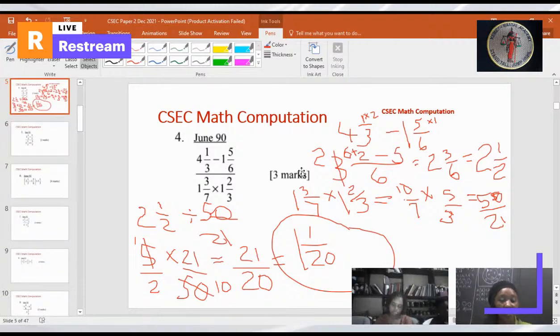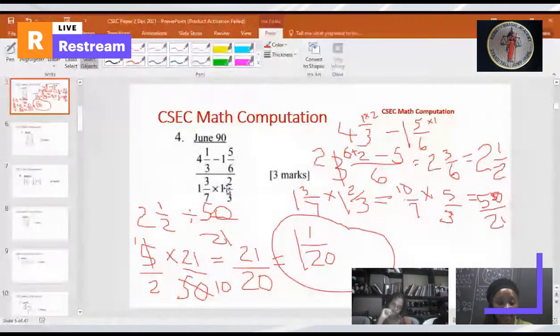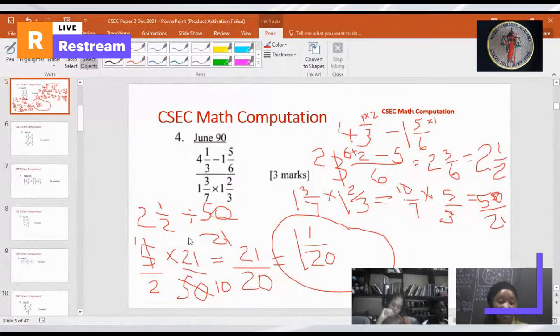If you don't remember that when dividing fractions you have to change the division to multiplication and invert the second fraction, you can lose 3 marks. Don't take it for granted.